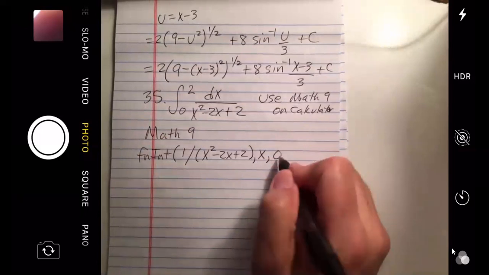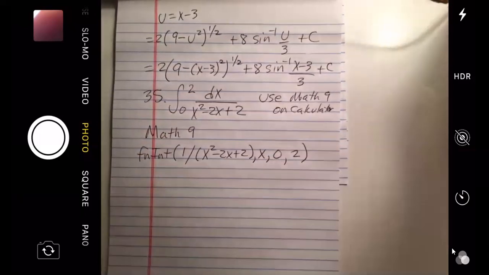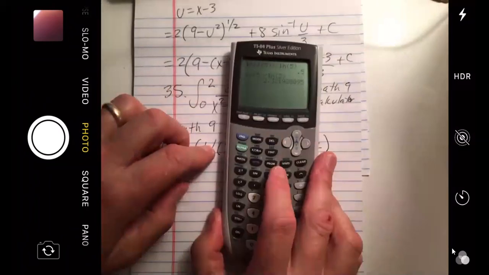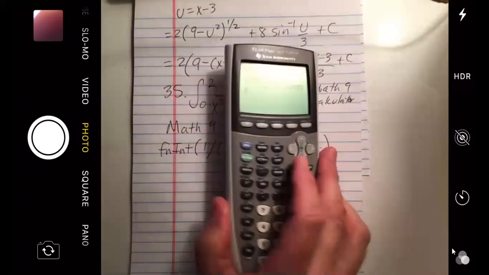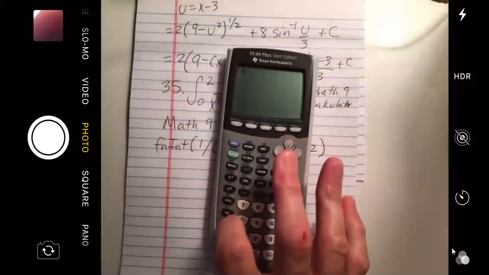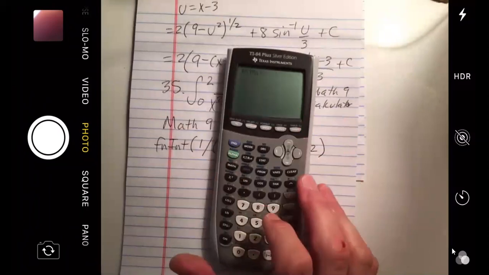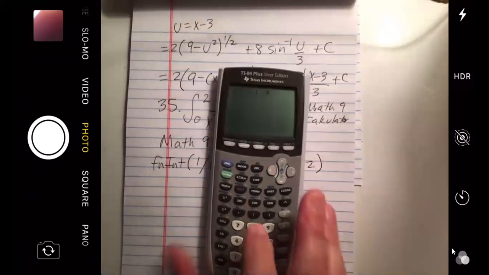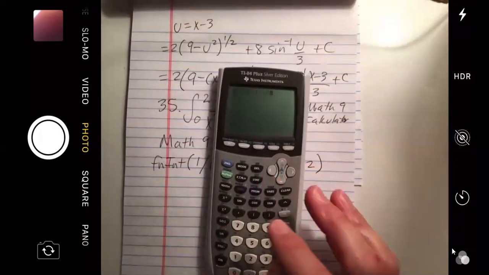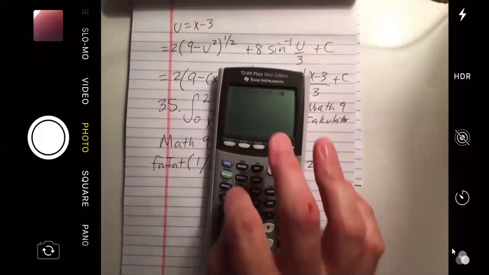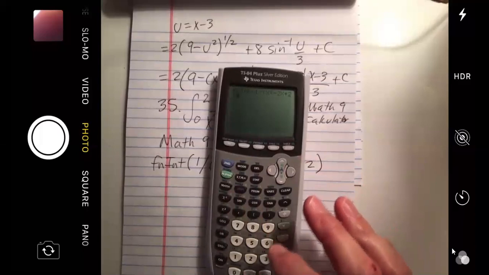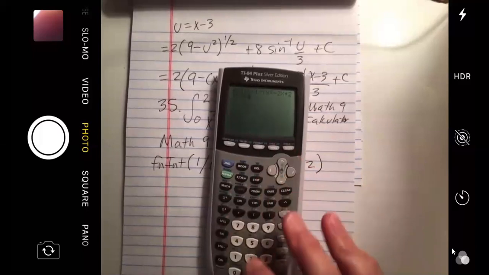My lower limit is 0. My upper limit is 2.